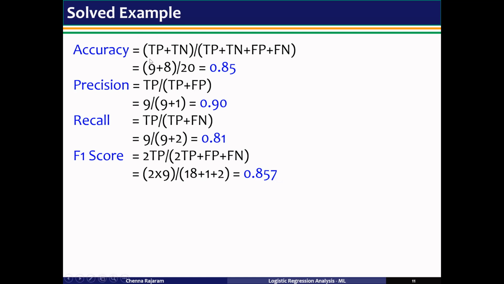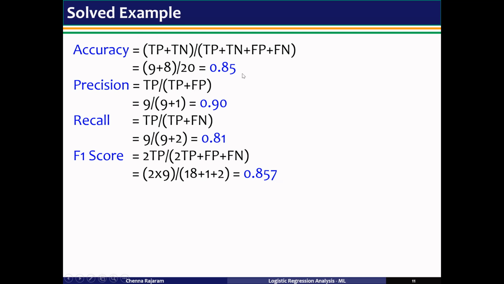The accuracy is determined using the equation TP plus TN divided by TP plus TN plus FP plus FN. TP is the true positive values from the analysis. The value is 9. True negative values are 8. And the summation of TP, TN, FP and FN is 20, which is equal to the number of data points in the set of data.